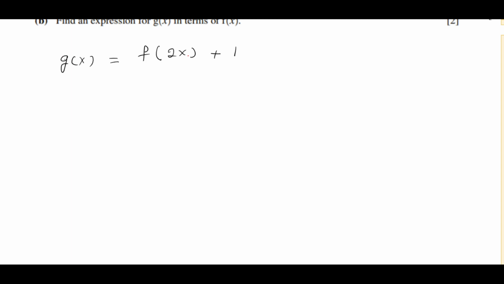Translation by 1 in the y direction and horizontal stretch by a factor of 0.5. Stretch in x, x is multiplied by 2, stretch in x and translation in y.